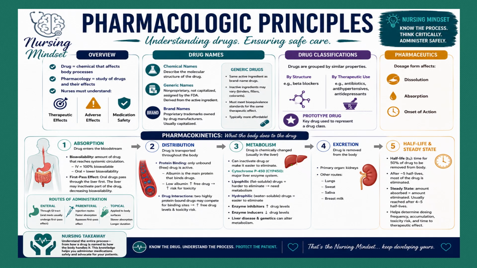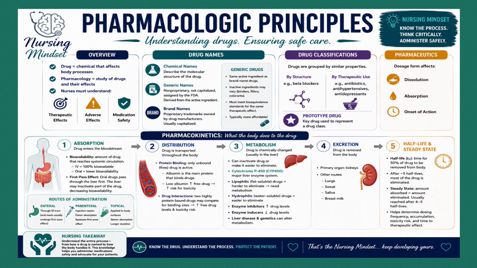If we give them a medication with a long half-life, it's going to stay in the body much longer, and that's going to really increase the risk of toxicity. Here, medications with a short half-life are going to be much more suitable for an older adult.